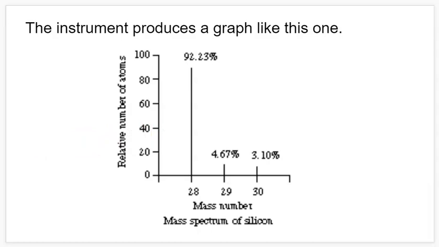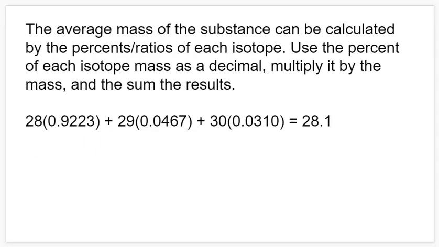So what we can do with this is also use these relative abundances in percents to calculate what the average mass of silicon is, and that's usually what's represented on the periodic table under each of the elements.